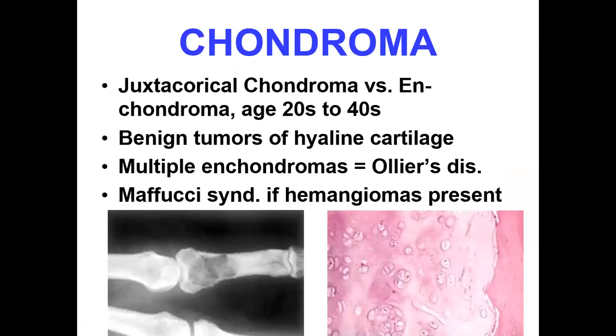Then is chondroma. They are juxtacortical, and age is 20 to 40. Benign tumors of hyaline cartilage. And multiple enchondromas are seen in two syndromes: one is Ollier's disease and the other is Maffucci's syndrome.